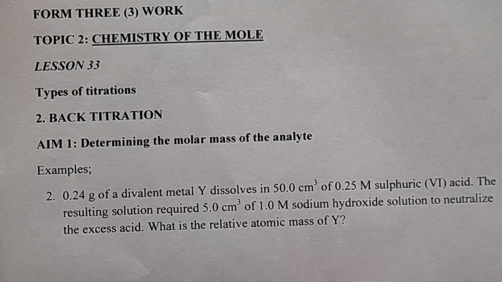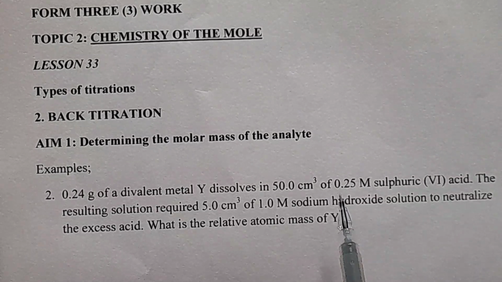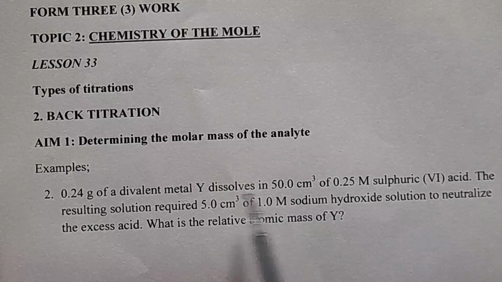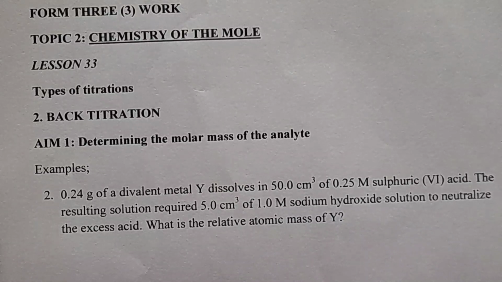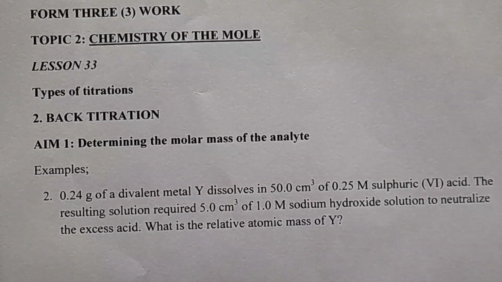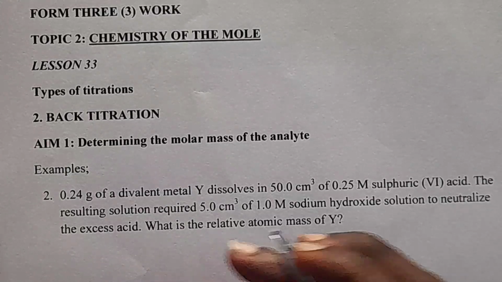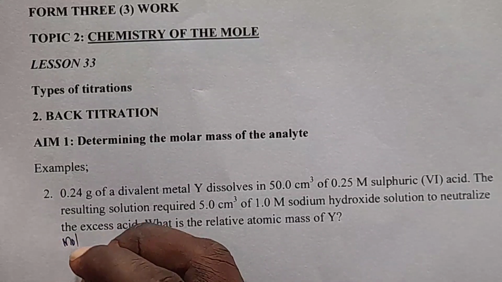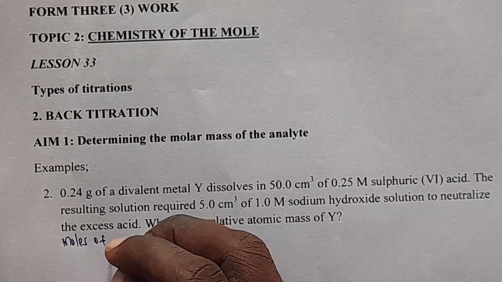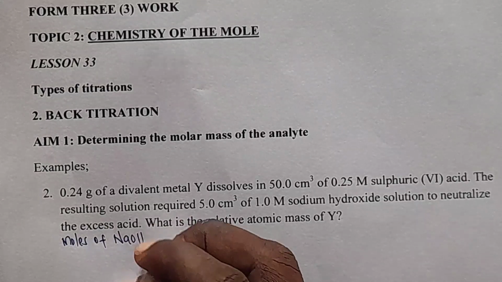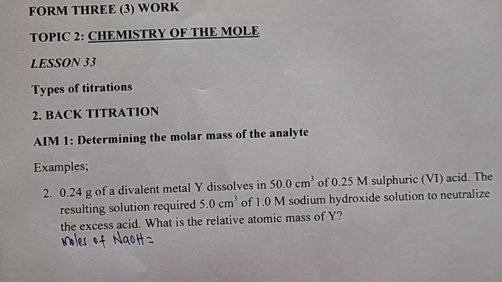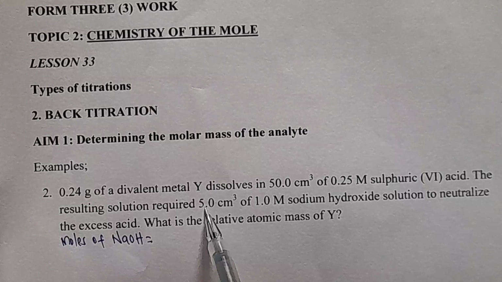To start, first of all, we have to know the number of moles of the sodium hydroxide that reacted with the excess acid. So we're going to say moles of sodium hydroxide. The formula for calculating moles was molarity multiplied by volume used over 1000.